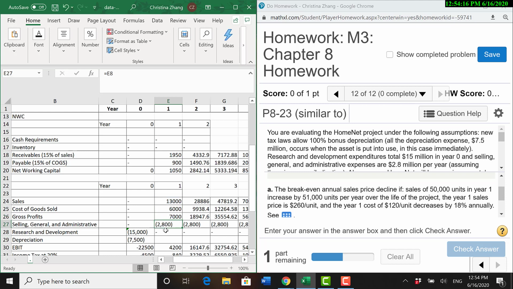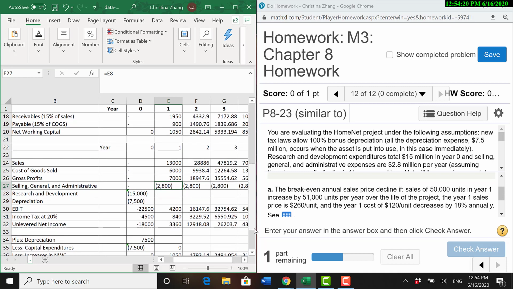And then I copy the selling, general, and administrative expenses down with a sign. I also copy the one-time capital expenditure and then the one-time depreciation. So for my EBIT for time 0, it's really just the sum of the two expenses: the capital expenditure and the depreciation.